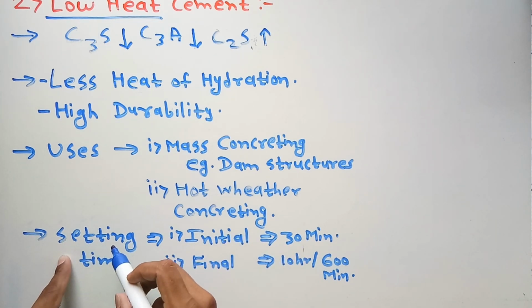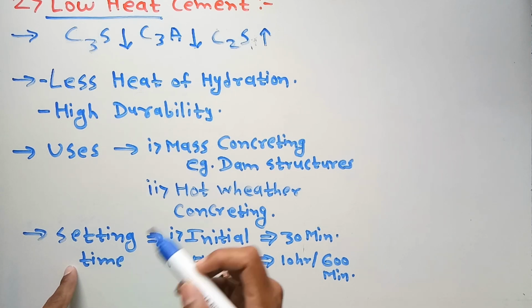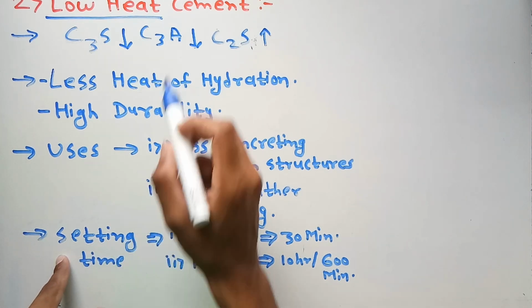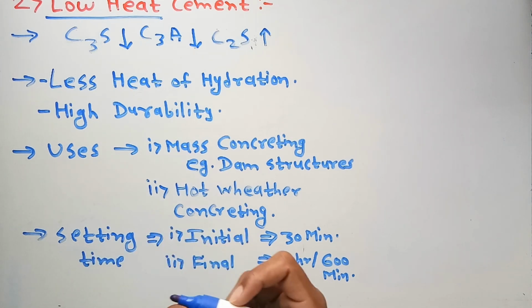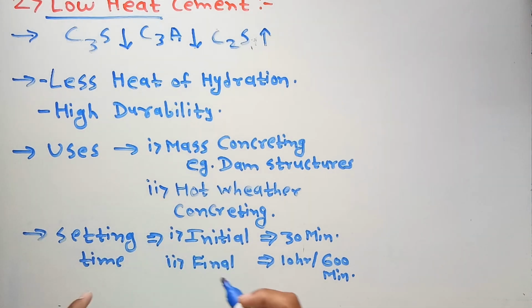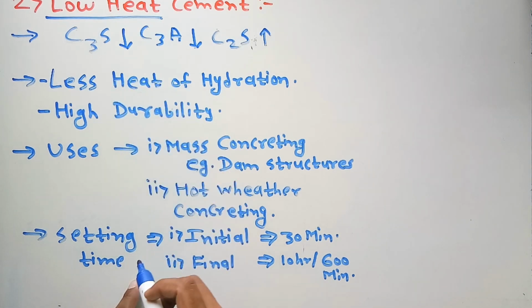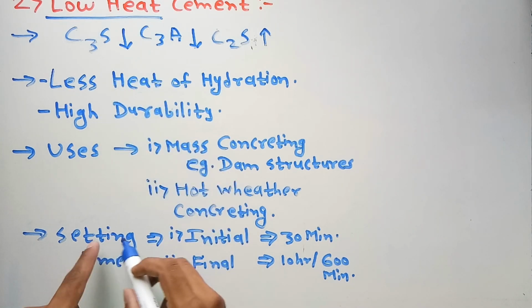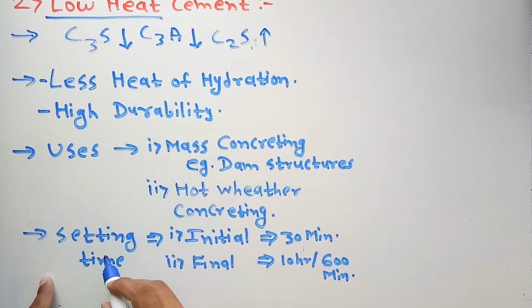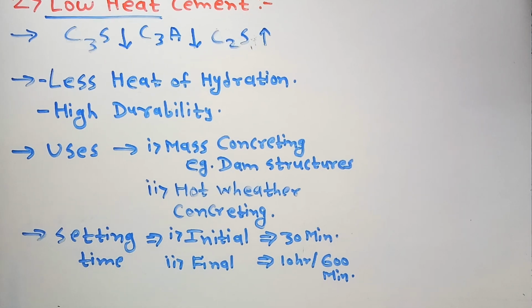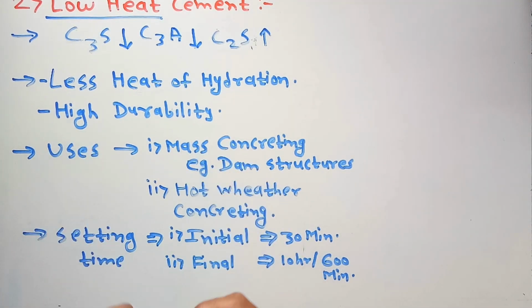Setting is just the change of the fluid or paste form into the solid form in the cement. And in hardening, along with the solid state, it starts gaining strength. That does not allow changing the setting time of the low heat cement. So low heat cement gives the same setting time as ordinary Portland cement gives. So this is all about the low heat cement.